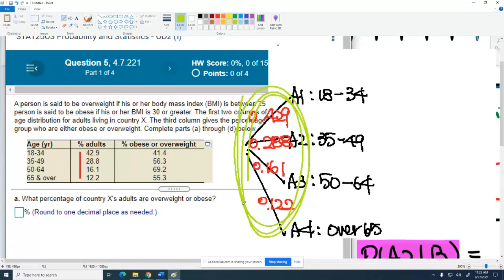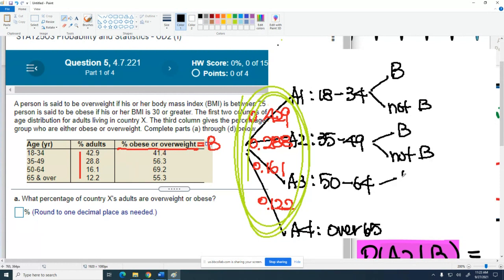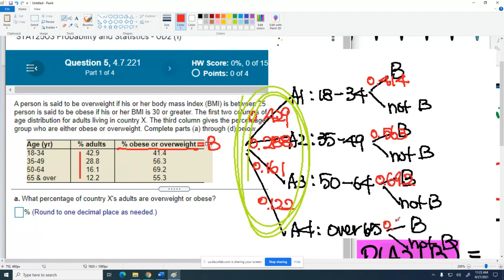And now the second column is the event of B. So now additionally we can split it into B, overweight, and not B. Overweight, not B. Overweight, not B. And B and not B. So the probabilities in the second column must be 0.414, 0.563, 0.692, 0.553.